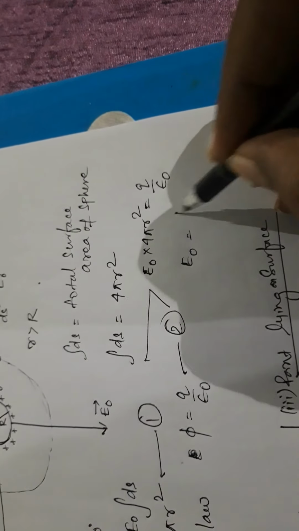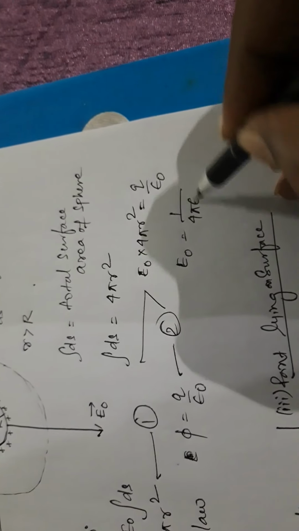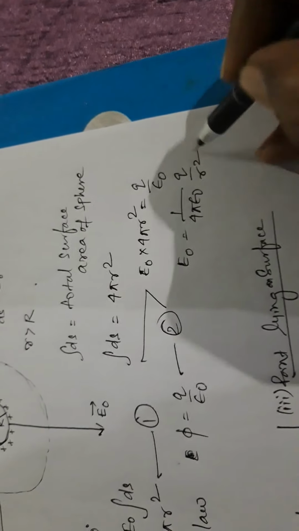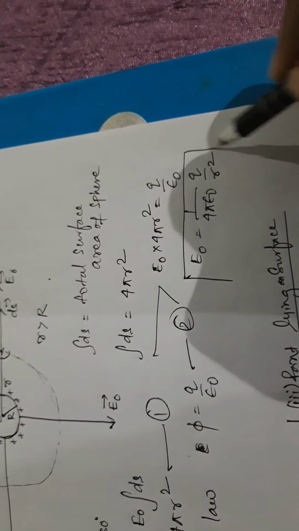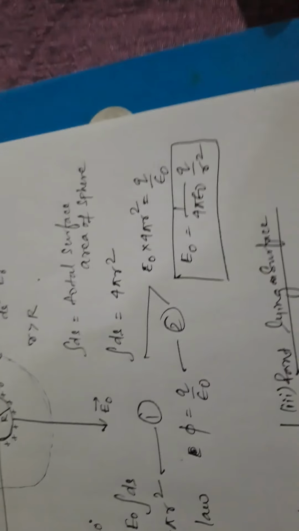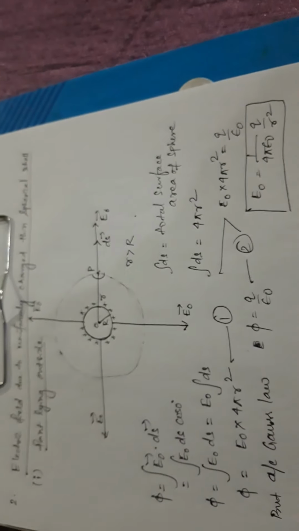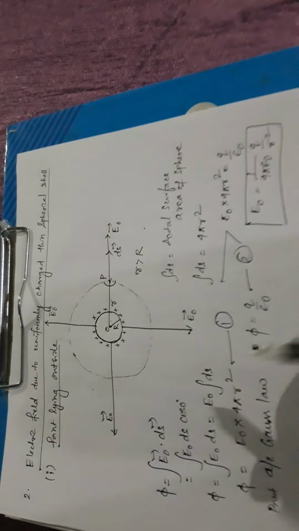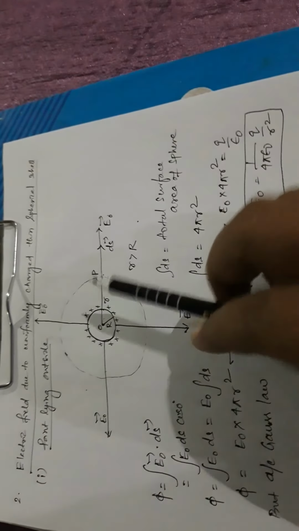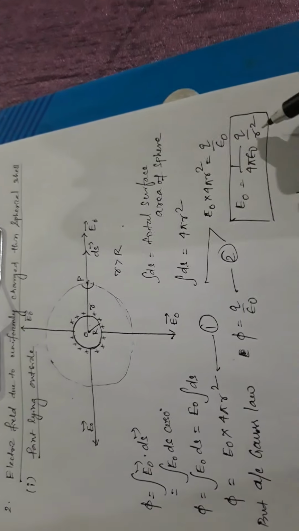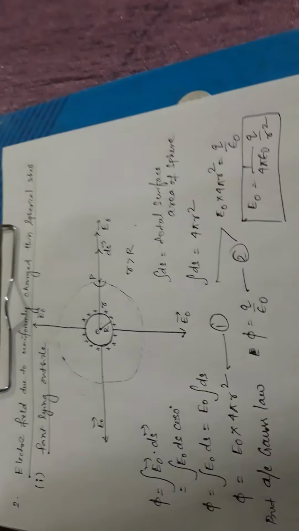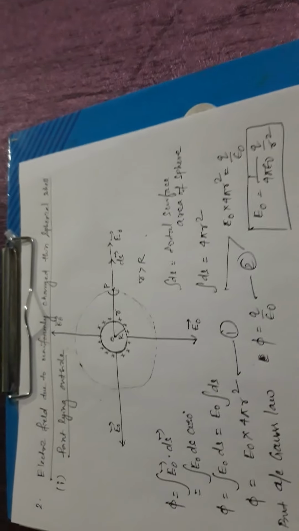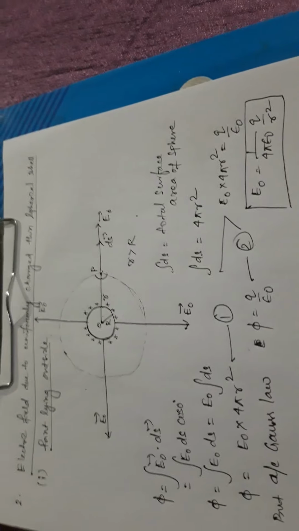So EO is equal to 1 by 4 pi epsilon naught Q by r square. So this is the expression for the electric field intensity at a point lying outside of the spherical cell, where r is the distance of the point of observation from the center of this spherical cell.